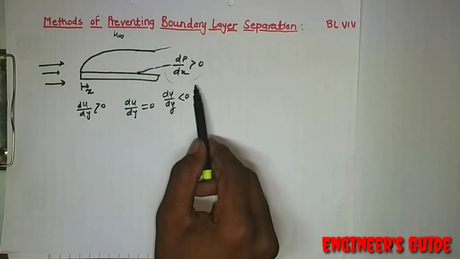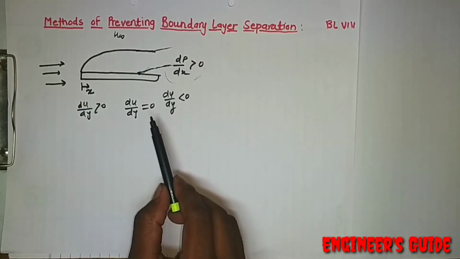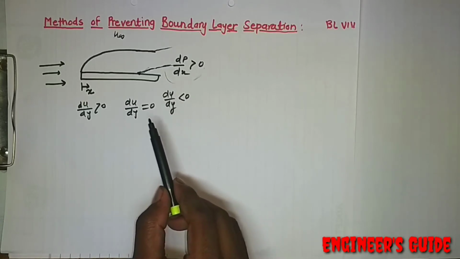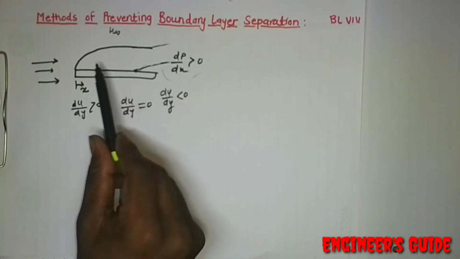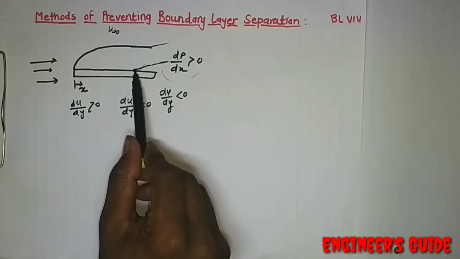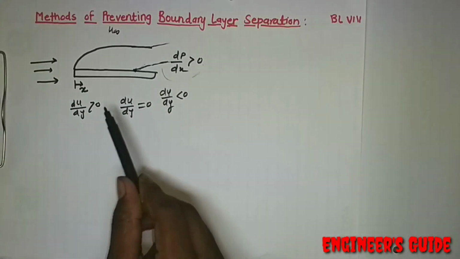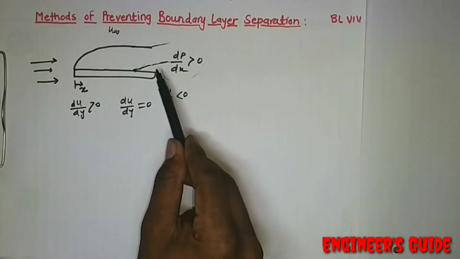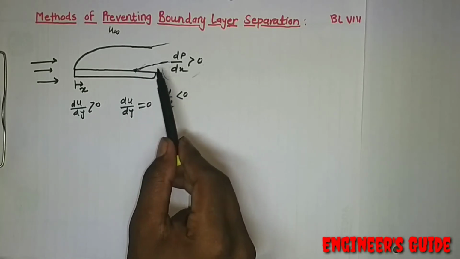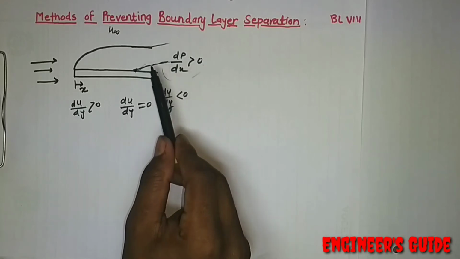The detailed explanation regarding boundary layer separation I have given in the previous parts. You can see that part for your better understanding. Now the question is how we can prevent the boundary layer separation, or how we can move this point further. We are studying this because boundary layer separation results in drag. As this region is larger, there will be more drag.